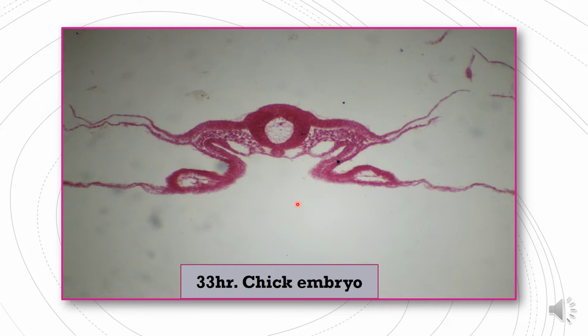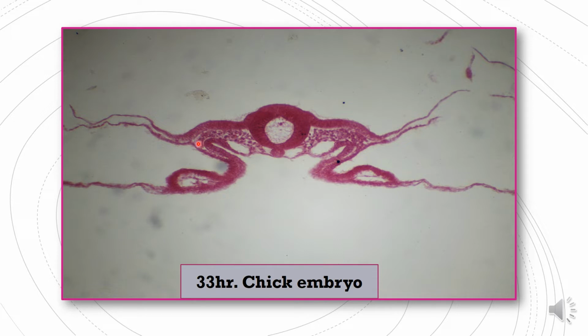More posteriorly in the same slide, in these sections, the embryo is laterally folded. You can see the neural tube, ventral to it the notochord, and this is the paraxial mesoderm surrounding the neural tube and notochord.